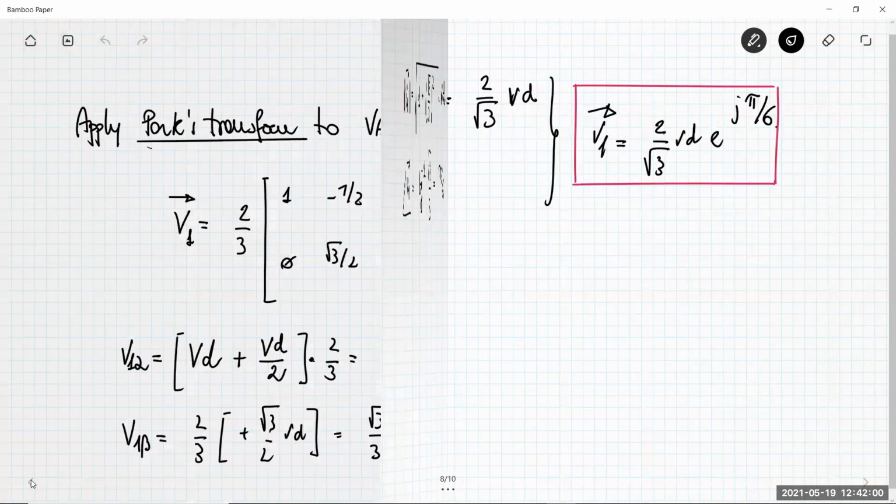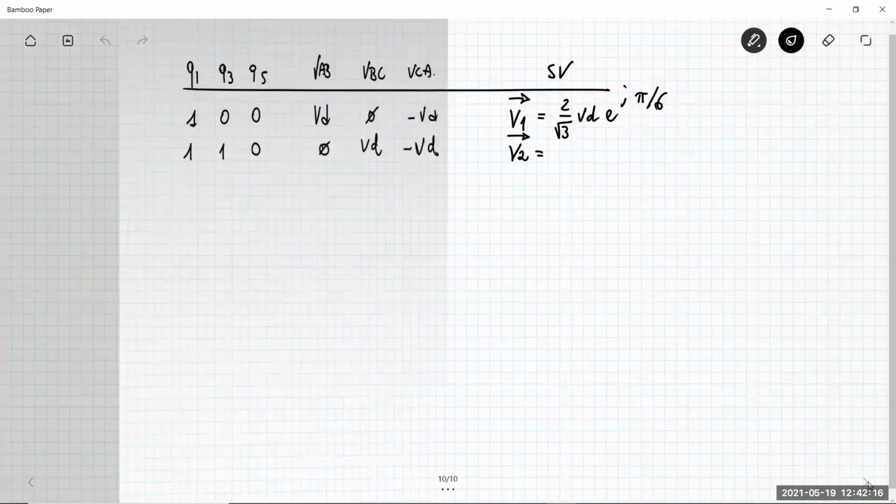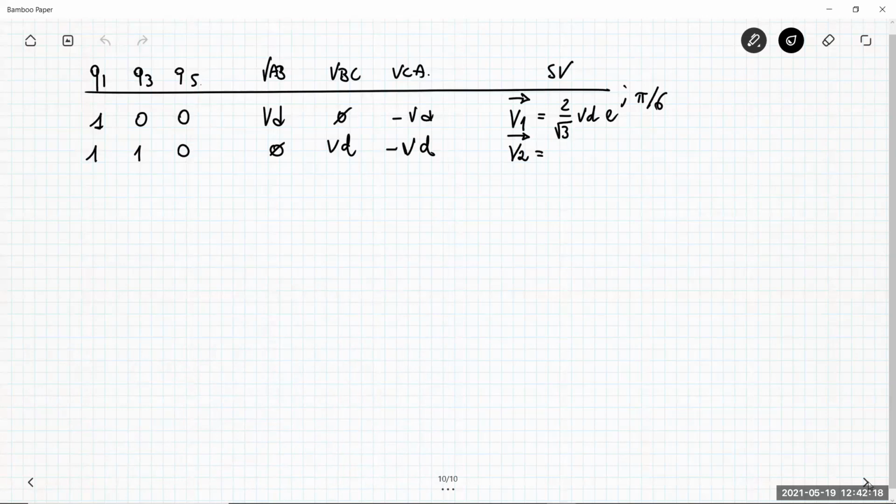Now this vector changes because it's 0, VD, negative VD, so you can find a different expression for the space vector. Nothing new. You can apply this mathematical derivation, and you can find that the vector is 2 divided by square root of 3 VD e to the j pi divided by 2.